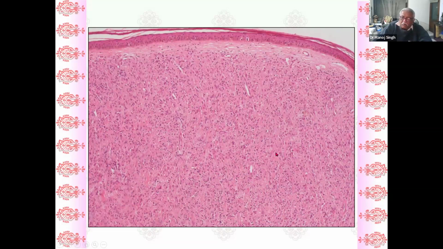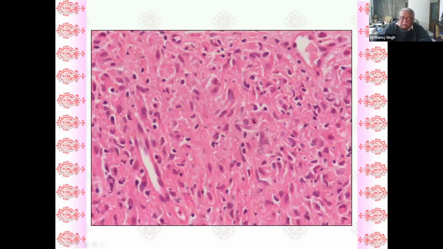These are more of spindle cells, as you can see here. Very few of the macrophages or the distended cells, these are spindle-like cells, and very high positivity for acid-fast staining.